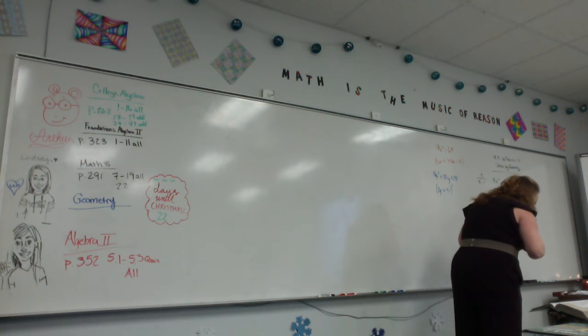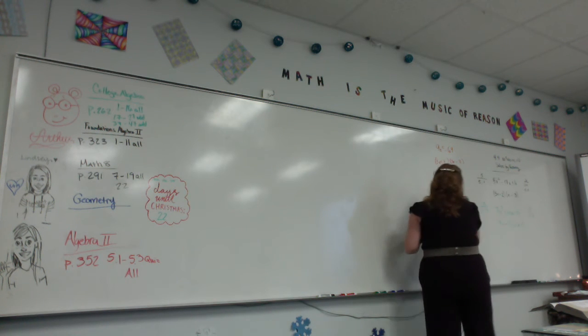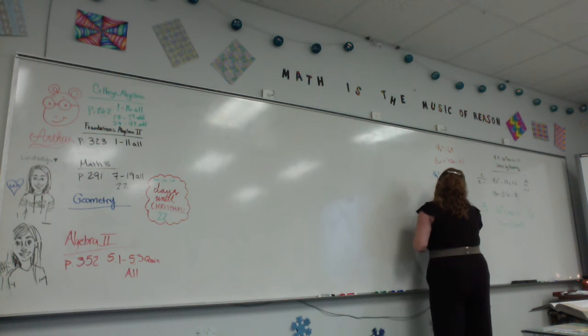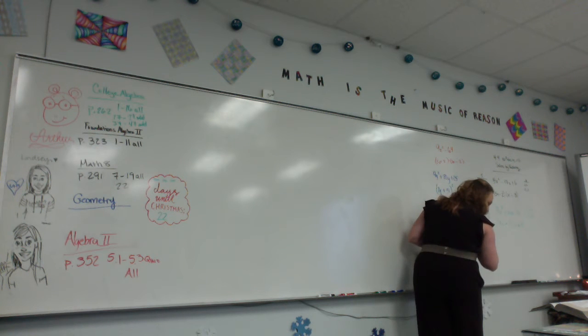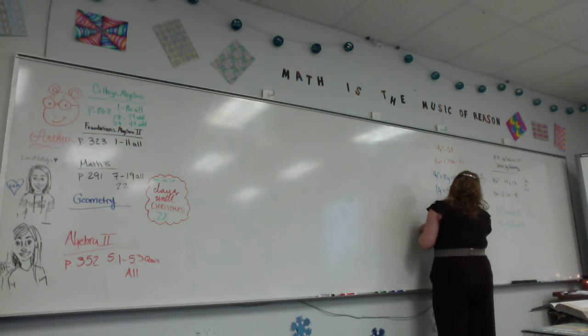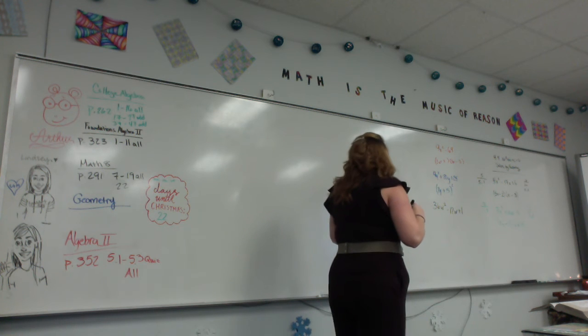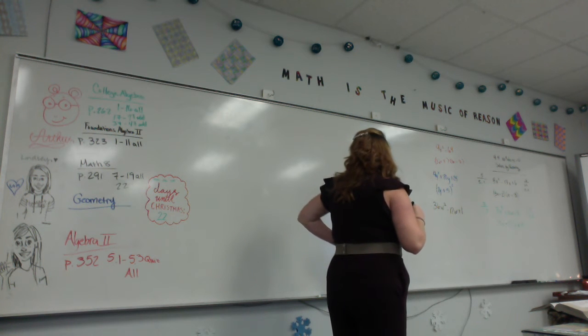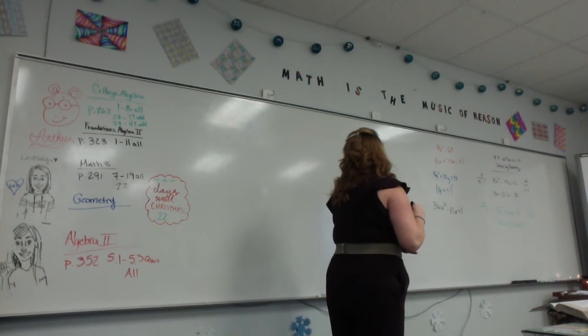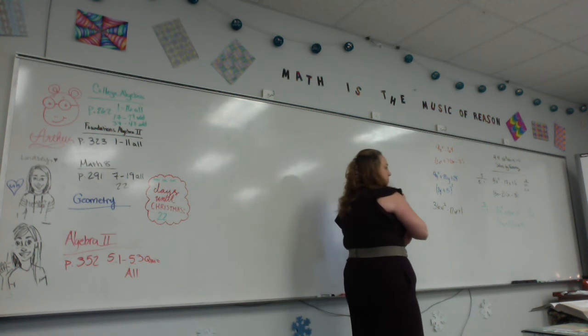Okay, what about this one? 36w squared minus 12w plus 1. Isn't that also a perfect square trinomial?